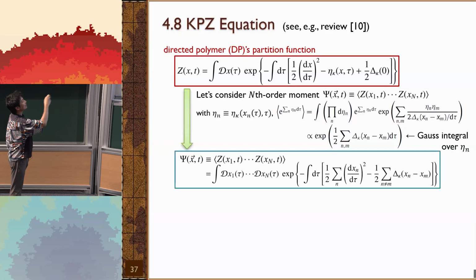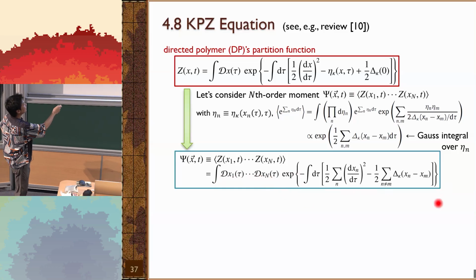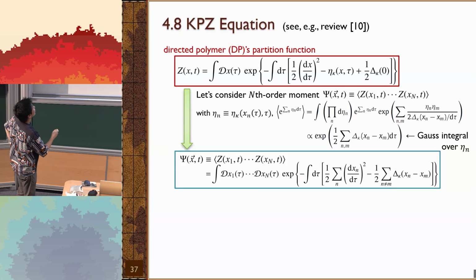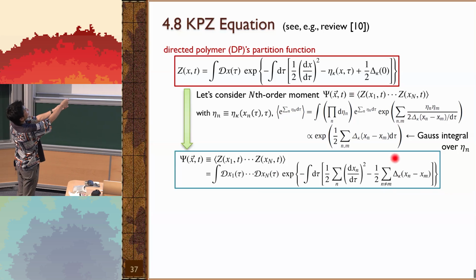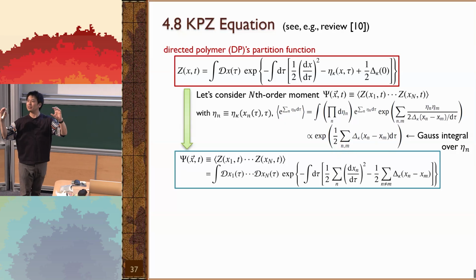And the result is the following. The moment can be expressed as this kind of multiple path integral of this form. And here, one interesting remark is that when I evaluated this Gauss integral, this sum runs over all n and m, including n equal m.